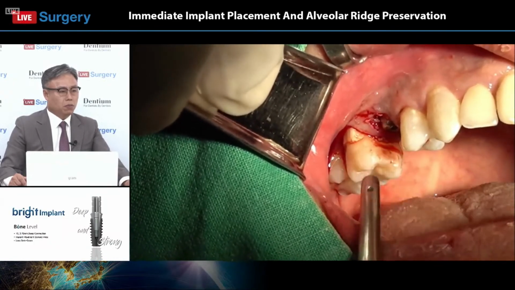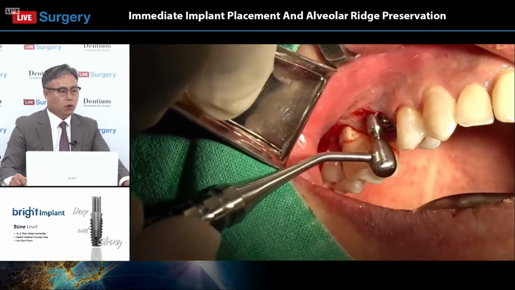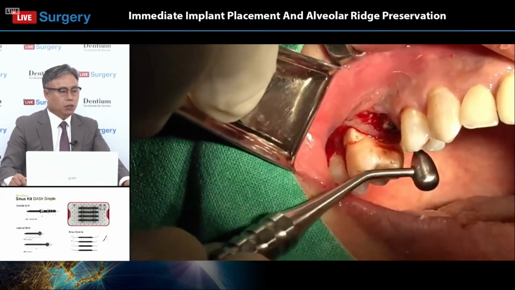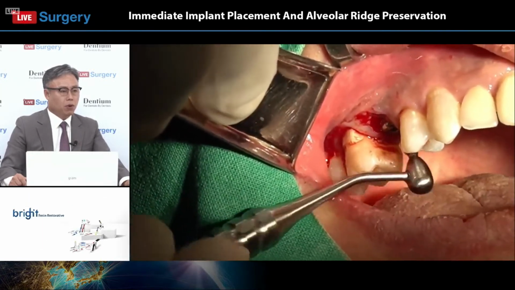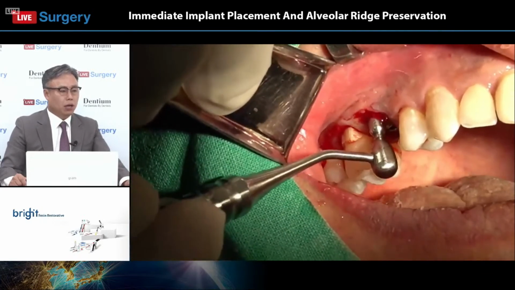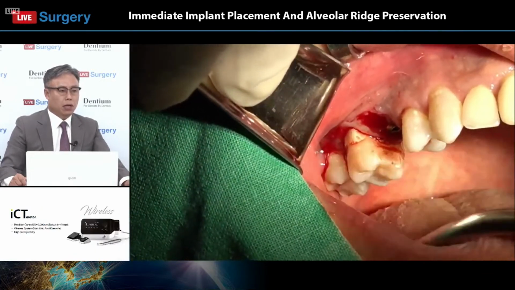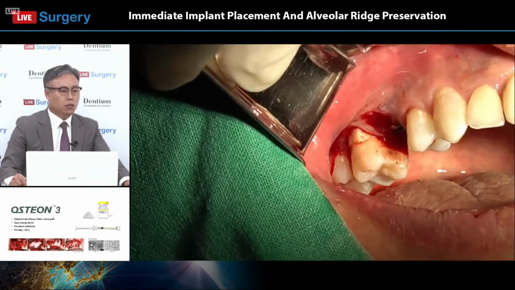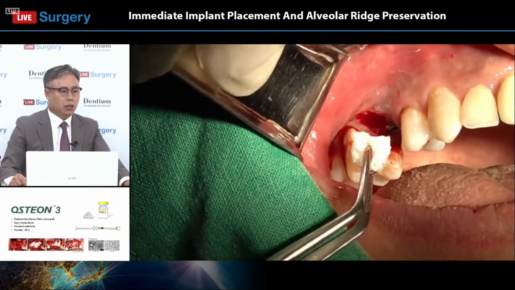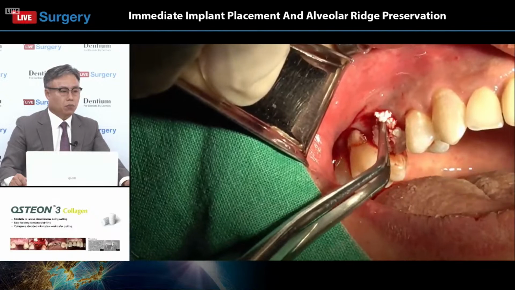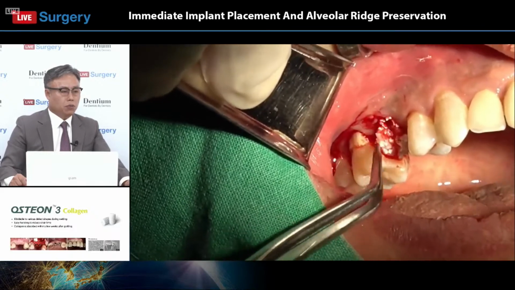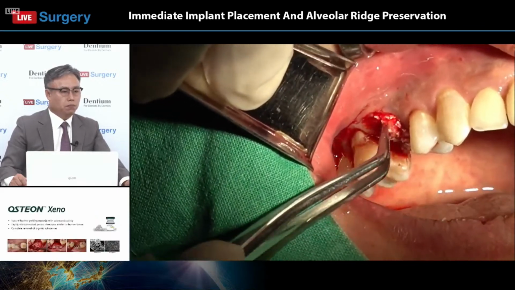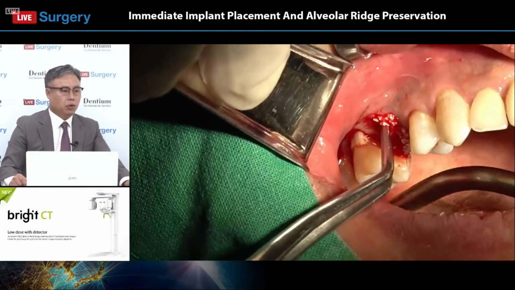Sometimes if there is major damage on the buccal plate, we apply the collagen matrix or collagen membrane on the buccal side first, then apply the bone graft material. But I don't think this is the case. The buccal bone was intact, and he's only applying the bone graft material. The collagenated bone graft was probably soaked in a mixture of antibiotics and saline.